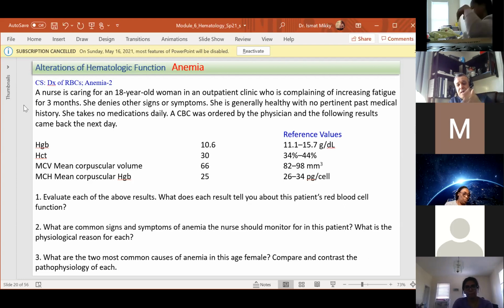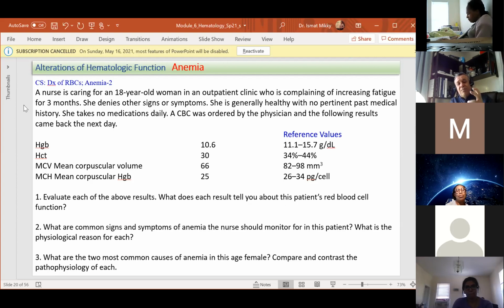And we have the reference values and ranges for each component, and the first one will be hemoglobin. So hemoglobin is low, right? Hemoglobin, hematocrit as well. So hematocrit is 30%. Both H and H, we call it H and H, hemoglobin, hematocrit. Both are low, below normal, demonstrating the patient is anemic.